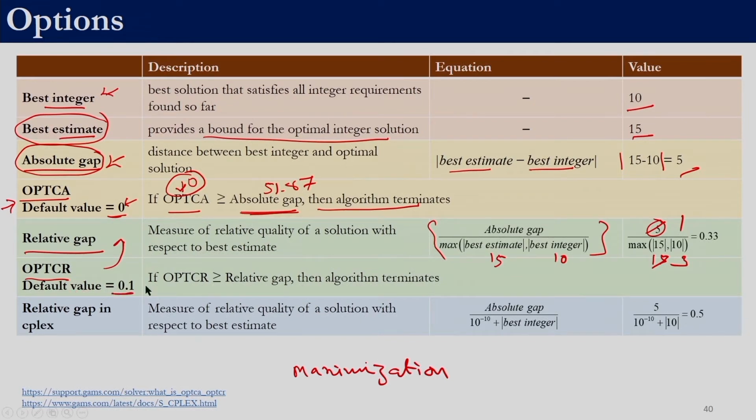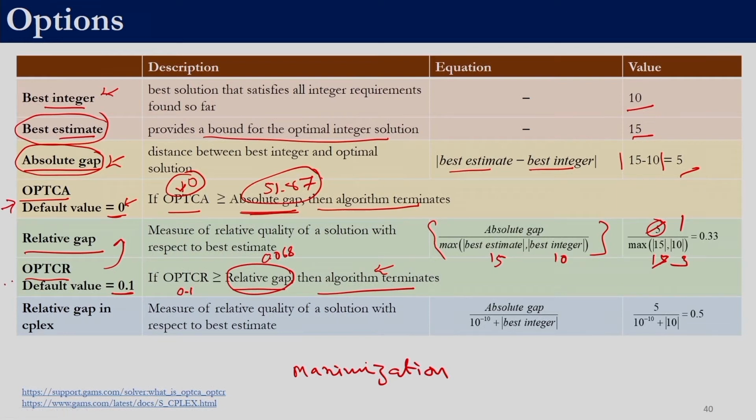Similar to absolute gap, during the search procedure we can also calculate the relative gap, and if this relative gap is less than or equal to opt_cr, whose default value is 0.1, then the algorithm would terminate. In the current case we had a relative gap of 0.068. Since this condition is satisfied, the algorithm terminated despite the fact that the absolute gap is a very large value.